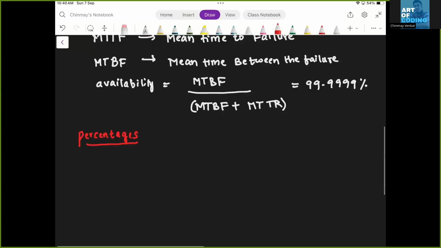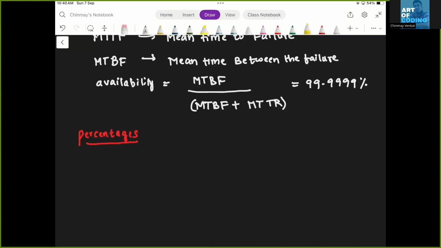If the percentage is 90 percent, for example, if this particular application gives 90 percent, then per year there are 36.5 days of downtime.